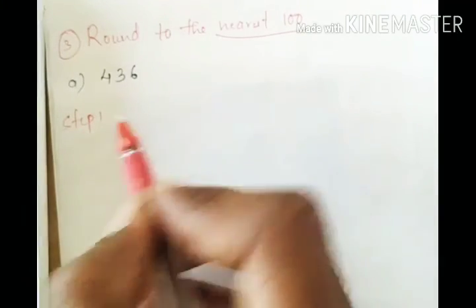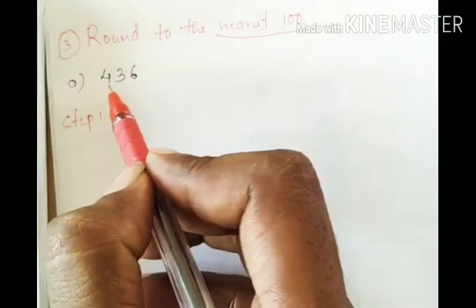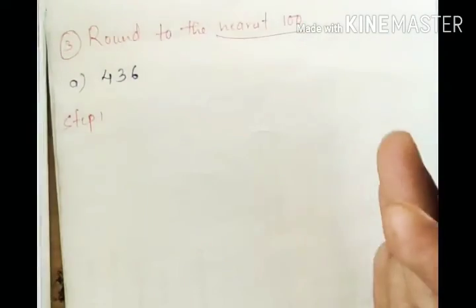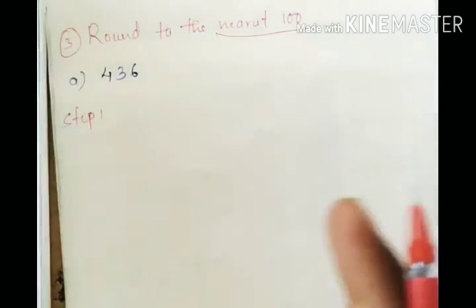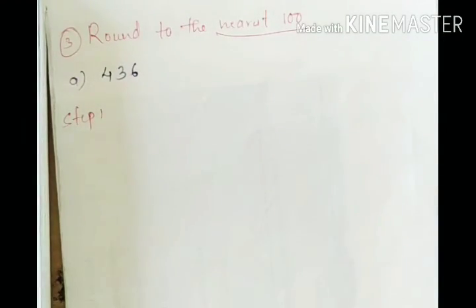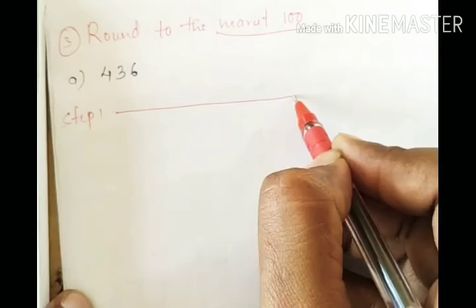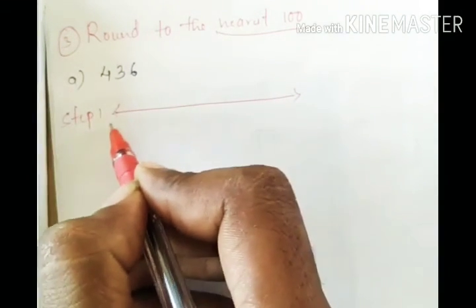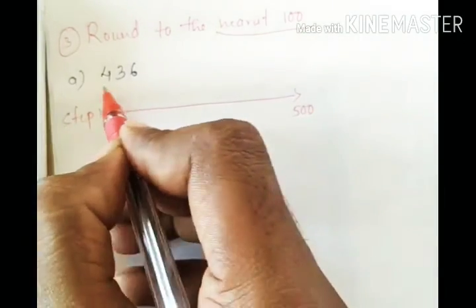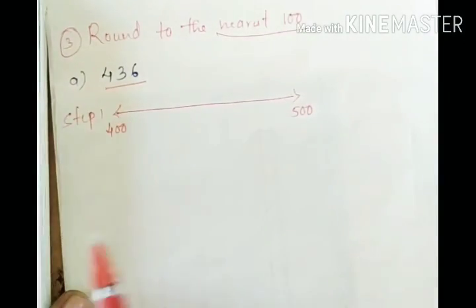Step 1. Tell me, dear student, you have to find the two hundreds, right? In between those hundreds, this number should come. So, I think you know this, in between 400 to 500, you will get 436.